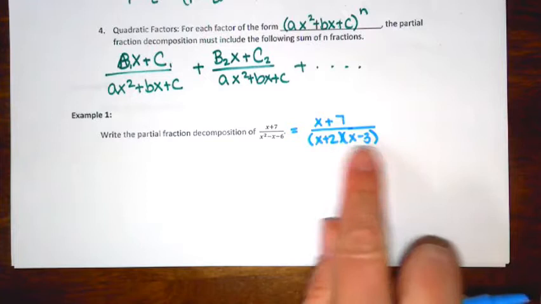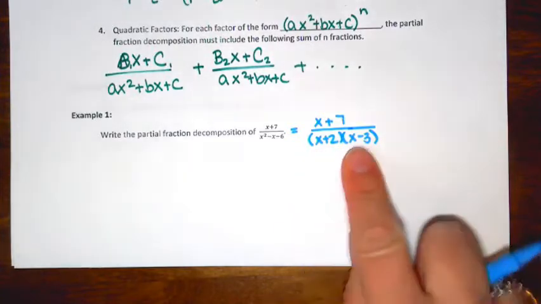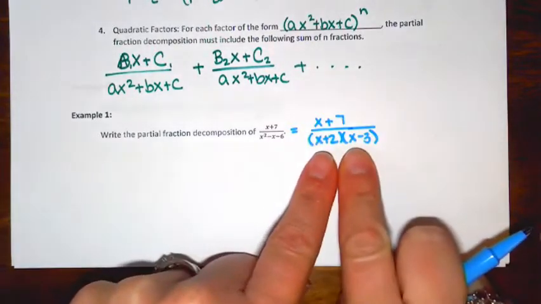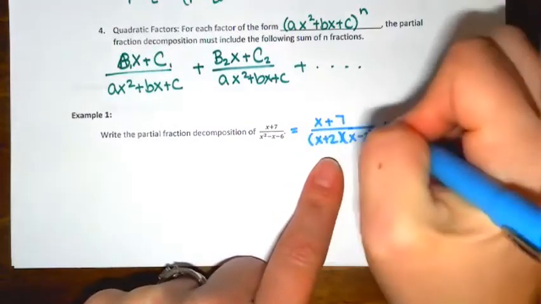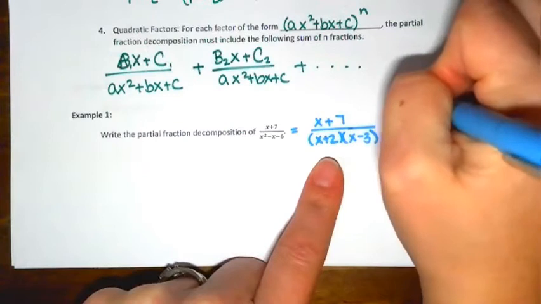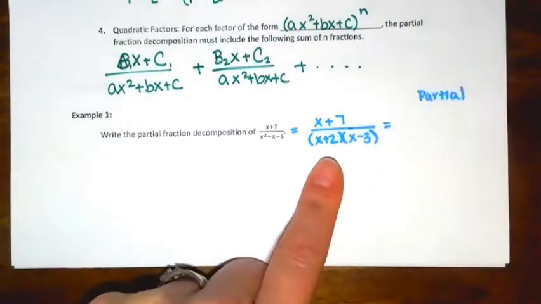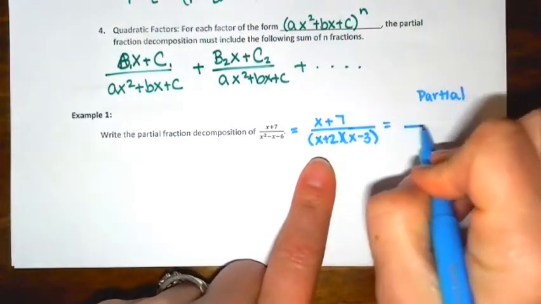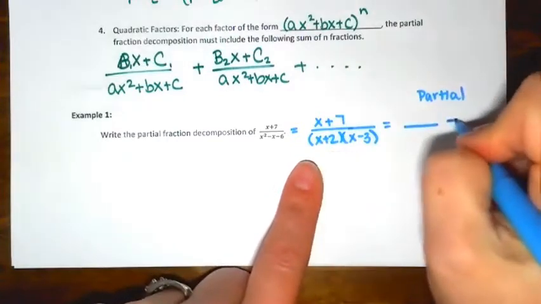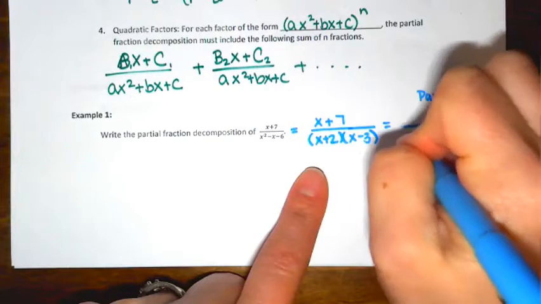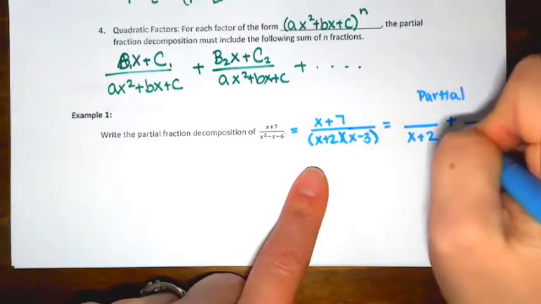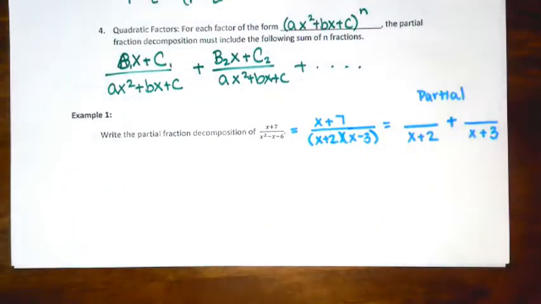And since that's a common denominator, we know that these are linear factors, so we're going to break it up into partial fractions. Since we have two binomials, we're going to have two partial fractions, one with x plus 2 and one with x minus 3. Are you guys okay with that?